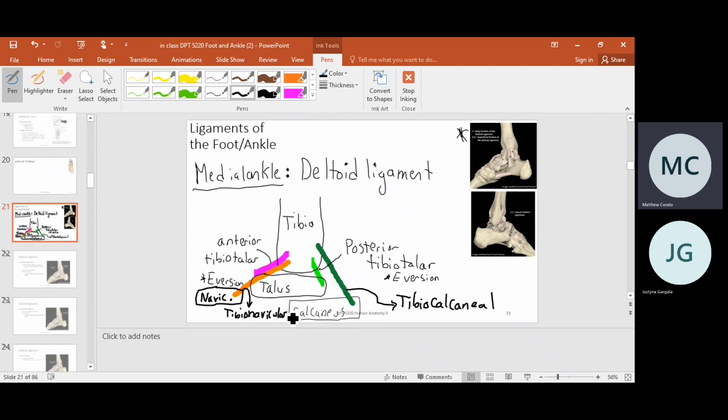So we can already kind of get an appreciation for what this ligament's going to do. This ligament is going to prevent the motion between my tibia and my navicular. That's why it's called the tibionavicular ligament.